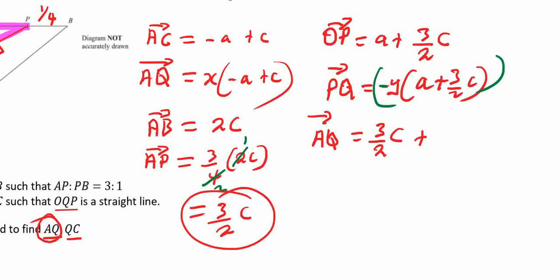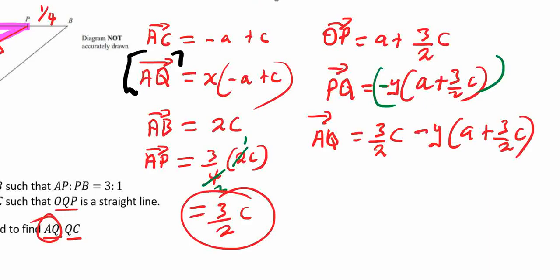It came with a negative sign, so trying to add it, we can just make this negative. So minus YA plus 3 over 2C. So now we have two expressions for AQ, so we can equate them.